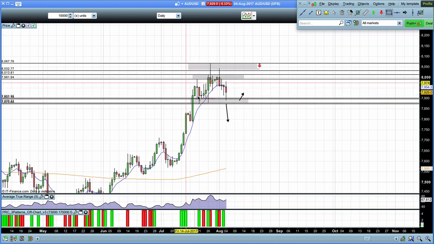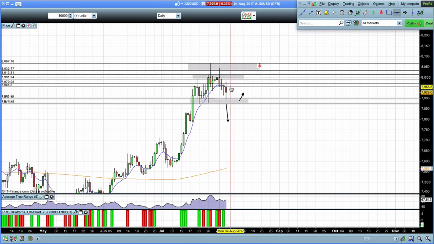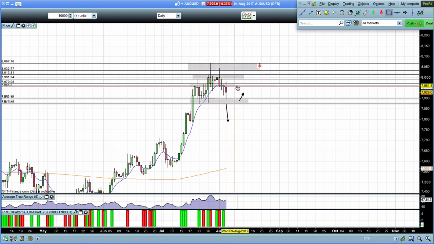Now, in between, we still have a couple of levels of price action here. These ones, for me, I would just be looking at it as more minor levels. Really, 7,970 to 7,955. And then we're getting down toward 7,940. 7915 is just a little bit low.